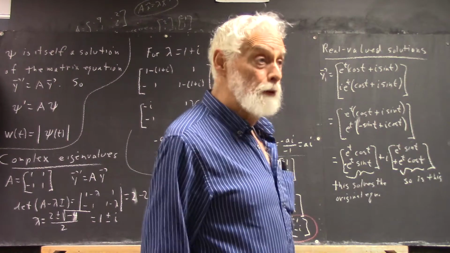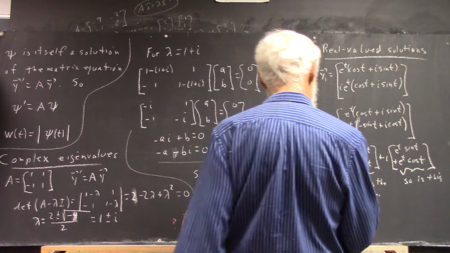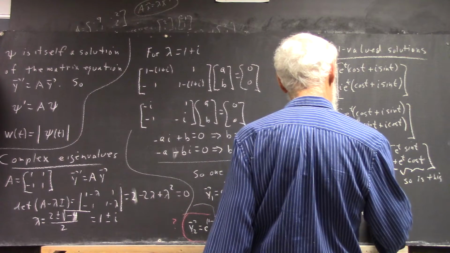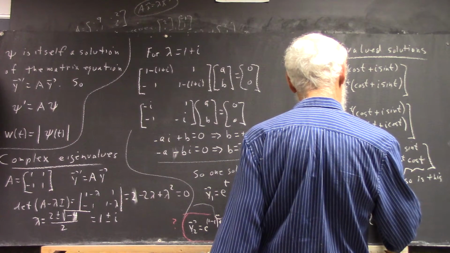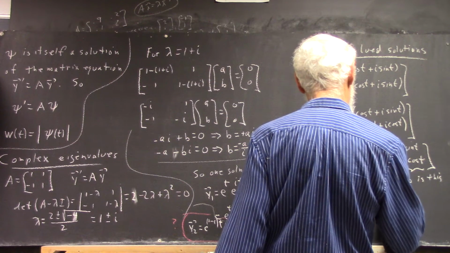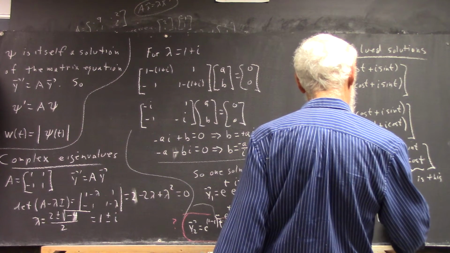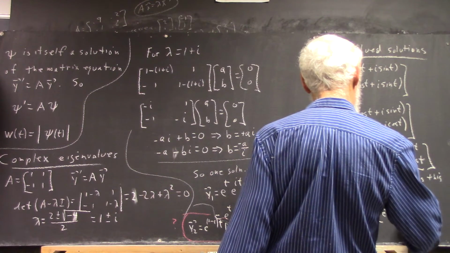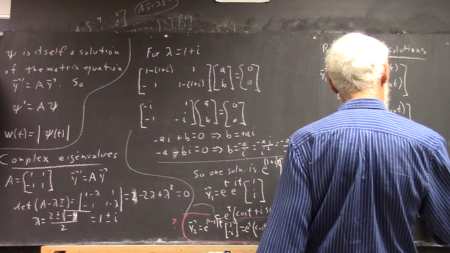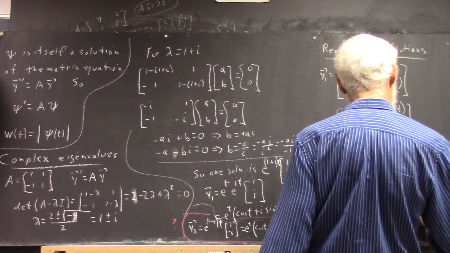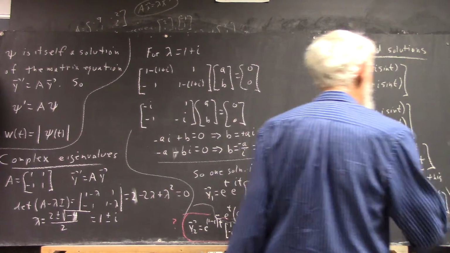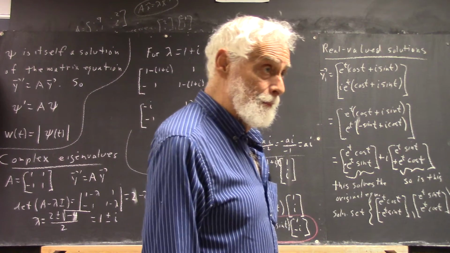So now we have two solutions. So our solution set is e to the t cosine t, negative e to the t sine t, and e to the t sine t, e to the t cosine t, or any linear combination.